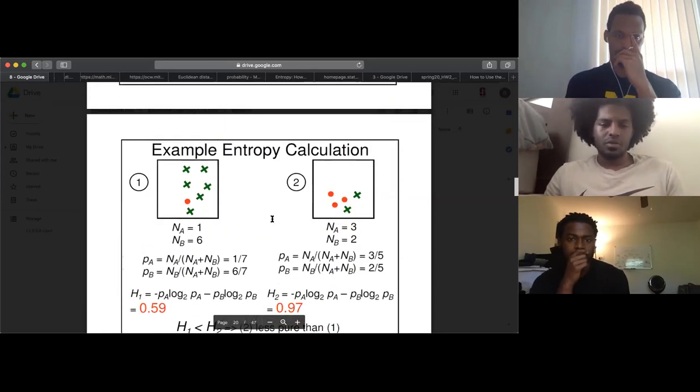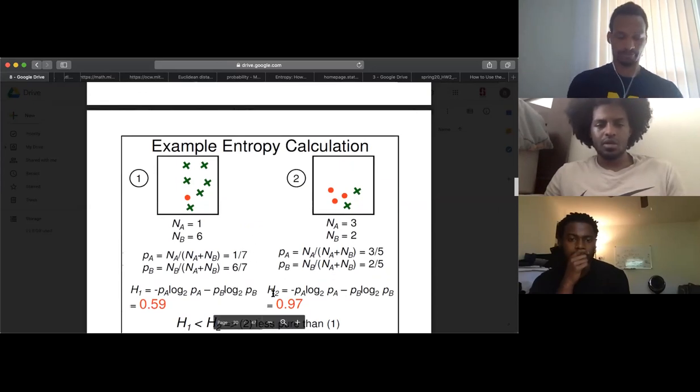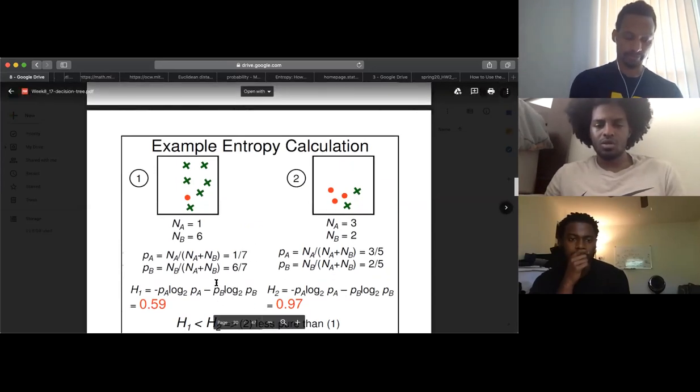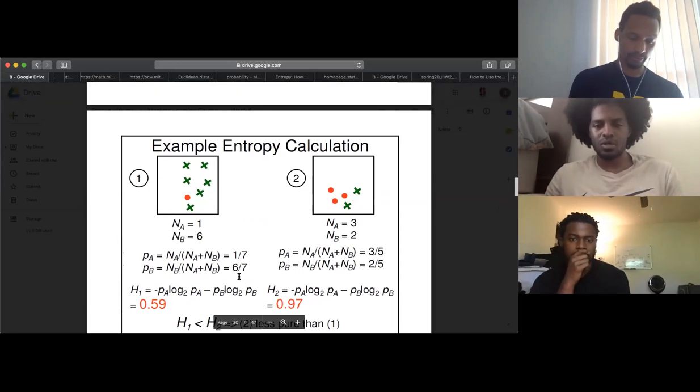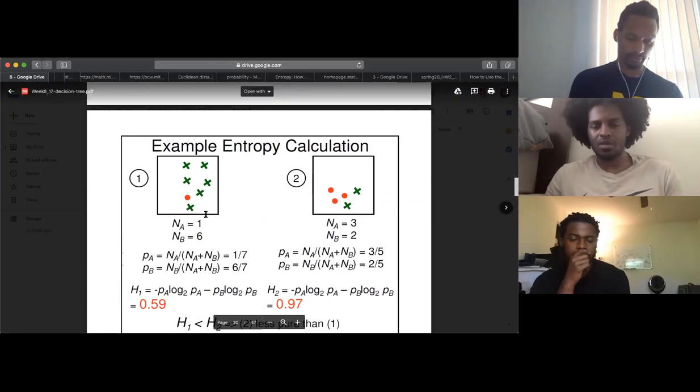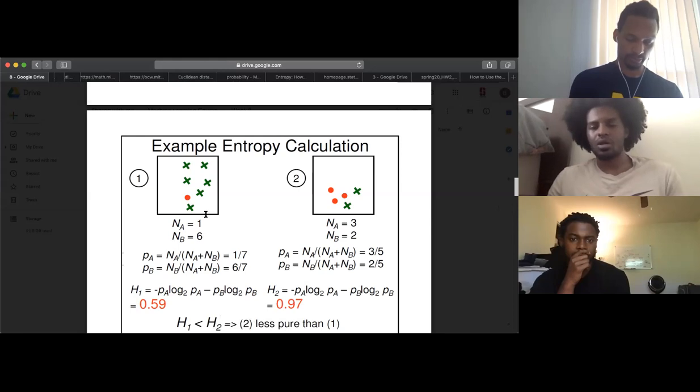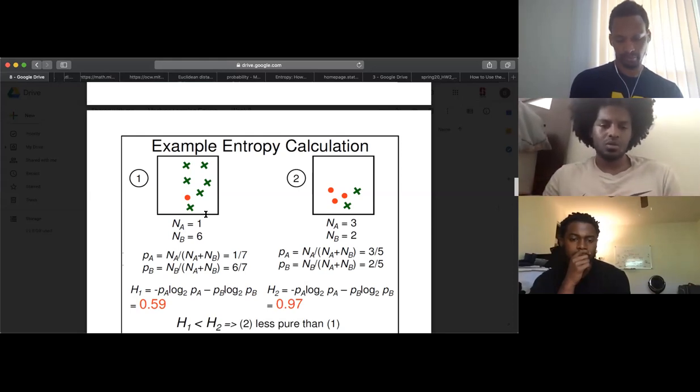If you see here, you've got entropy 1 and entropy 2, determining whether random variable A is what you want to split on, or random variable B. Here you've calculated the probability of A occurring versus the probability of B occurring.